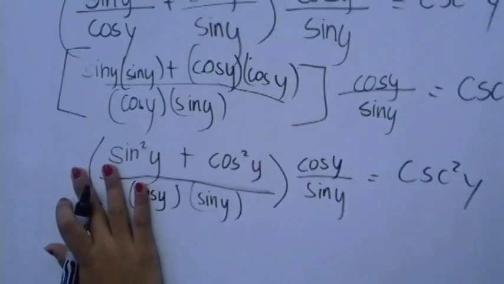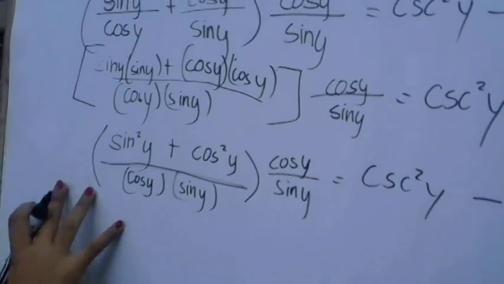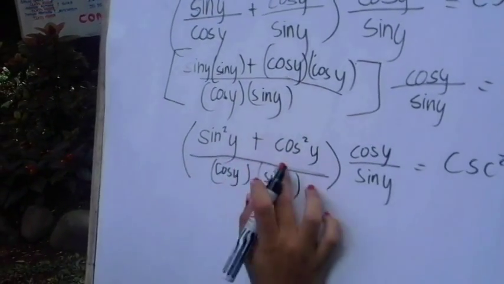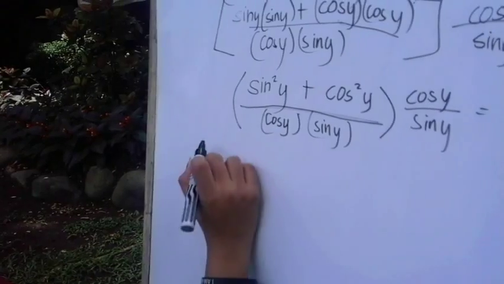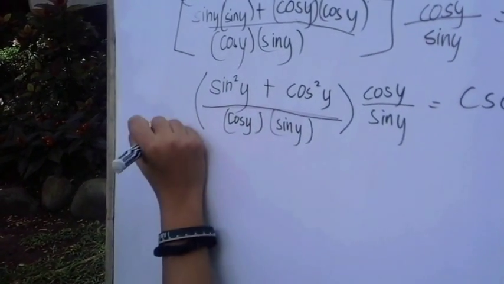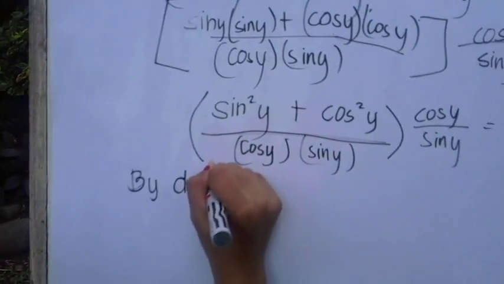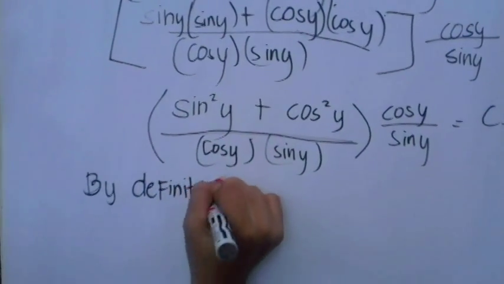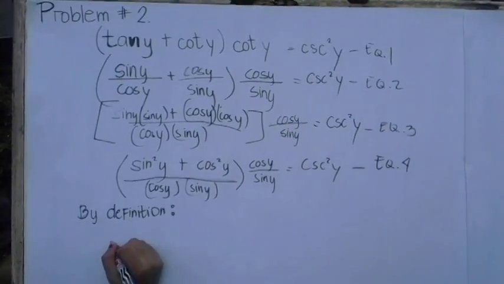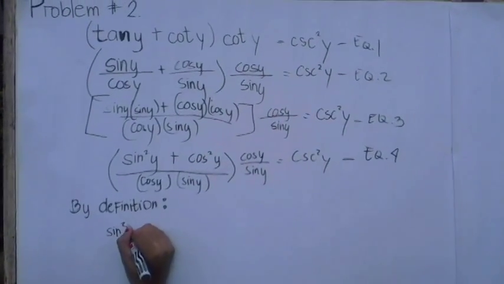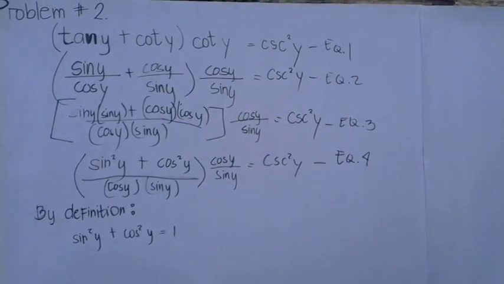Looking at equation number 4, we observe that sine squared y plus cosine squared y has a Pythagorean identity. So, by definition, the Pythagorean identity for sine squared y plus cosine squared y is equal to 1.